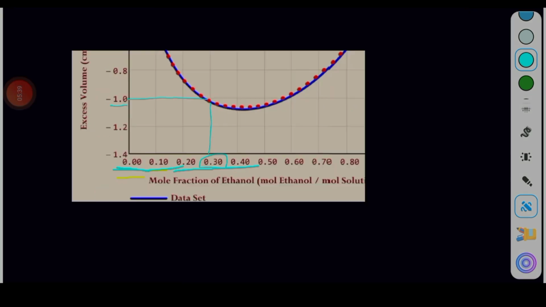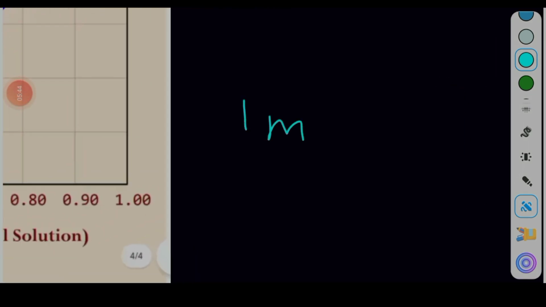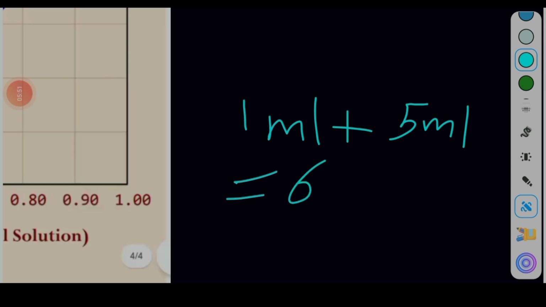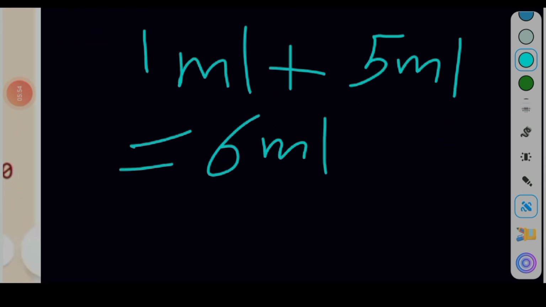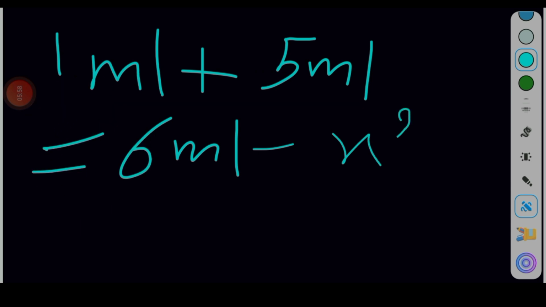So what this plot is essentially telling us is, suppose you have 1 milliliter of ethanol and you add it to 5 milliliter of water, the total will be 6 milliliter minus some amount, which is the ethanol occupied into those previously empty spaces between the water molecules, right?